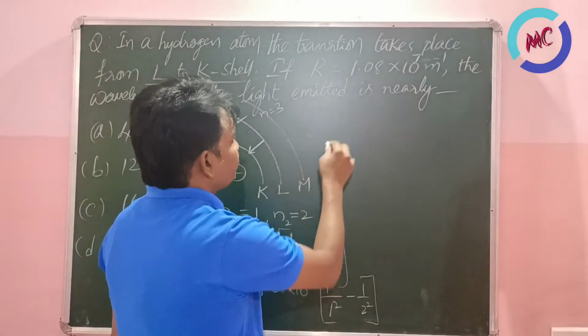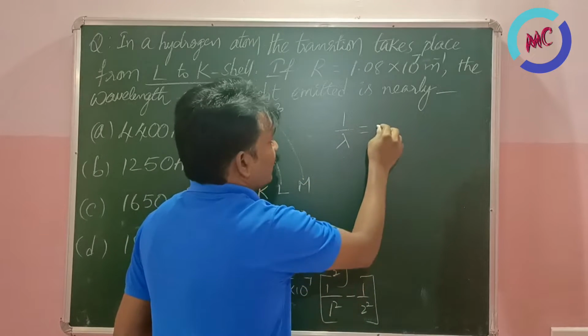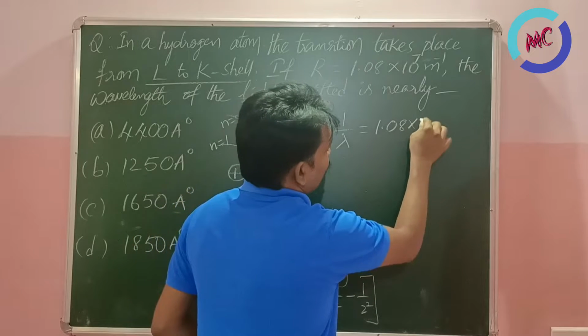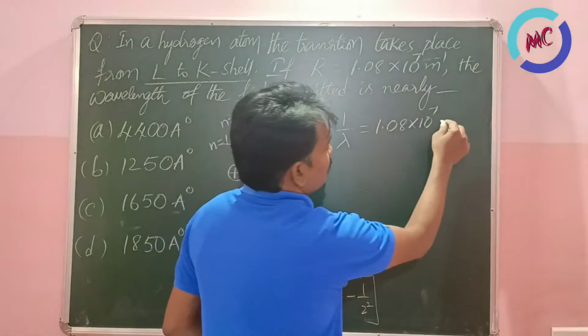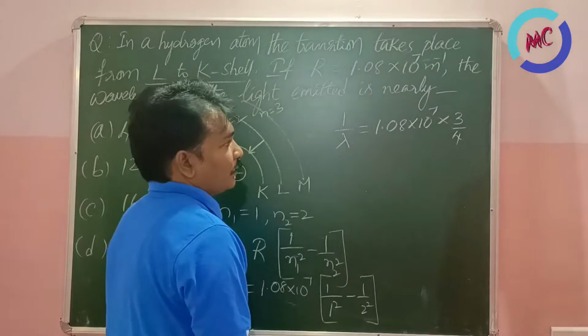Now see here, 1 by lambda is equal to Rydberg constant value 1.08 into 10 to the power of 7, and here we got 3 by 4.